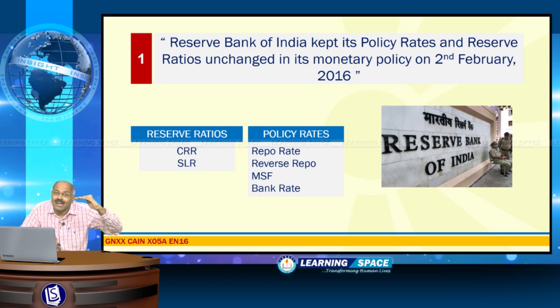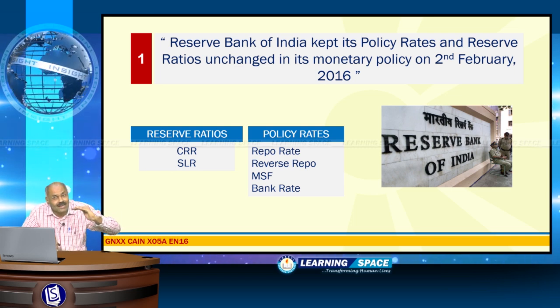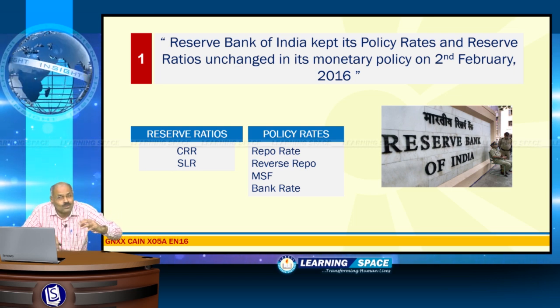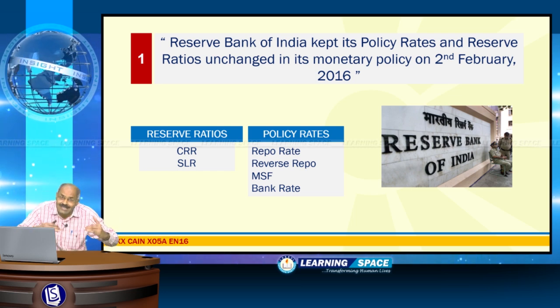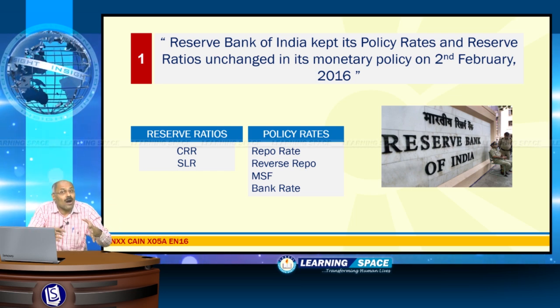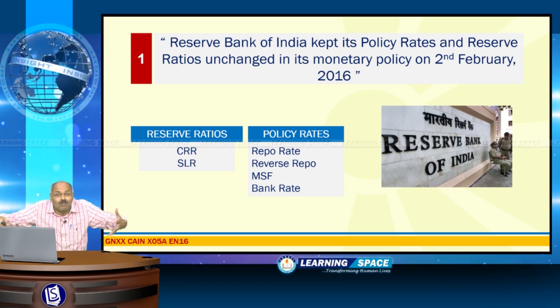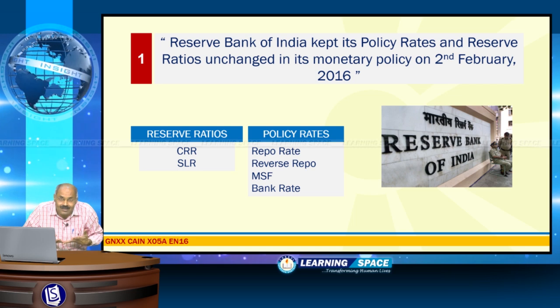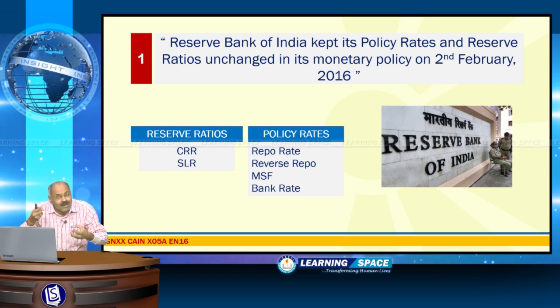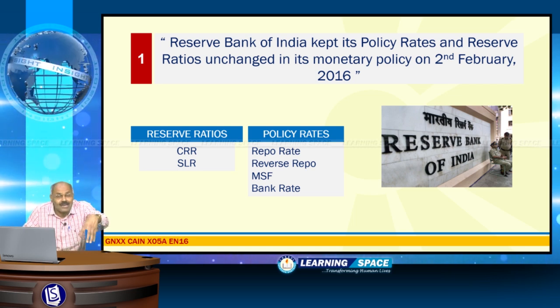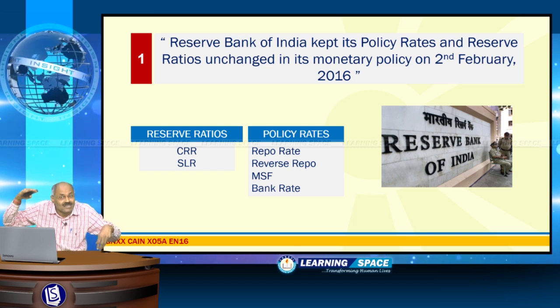At present, CRR is 4%, SLR is 21.5%. So, by increasing or decreasing these ratios, RBI will try to make a change in the availability of money in circulation. That means it will suck money or it will infuse liquidity depending on the inflation rate.